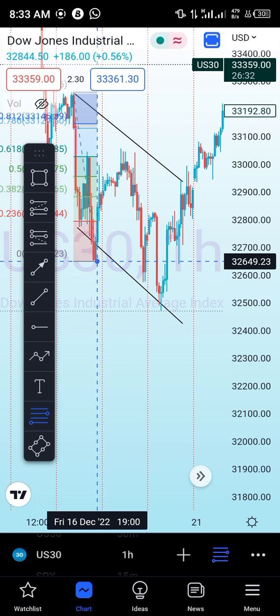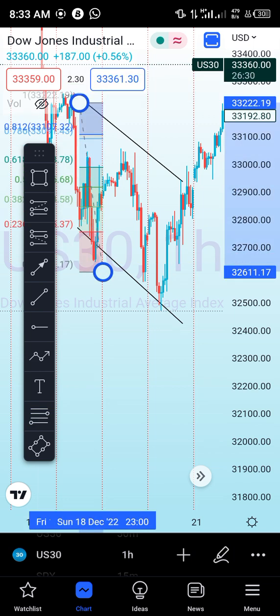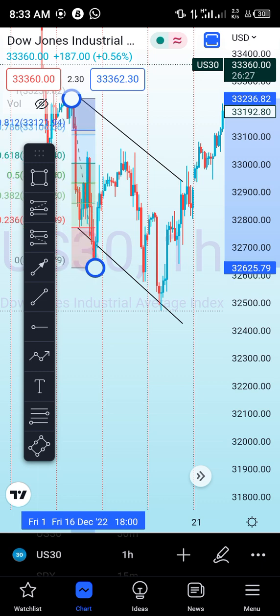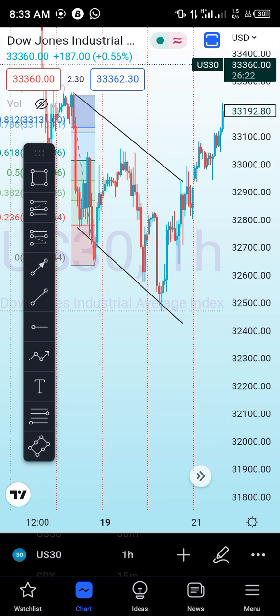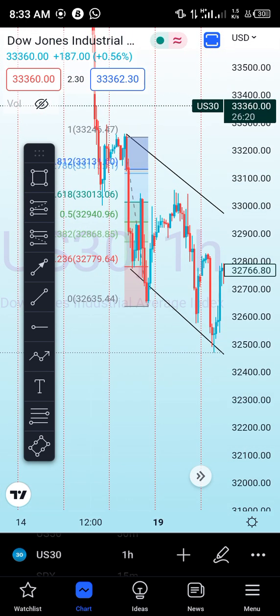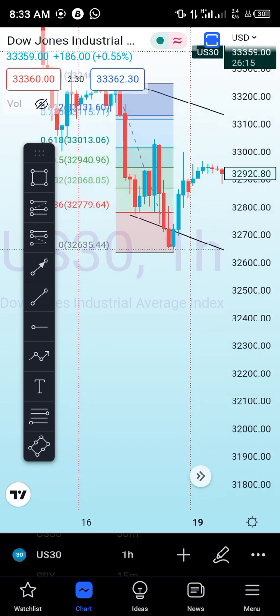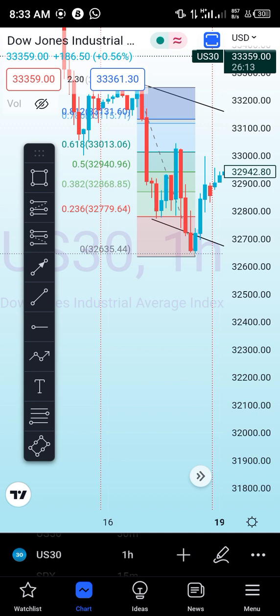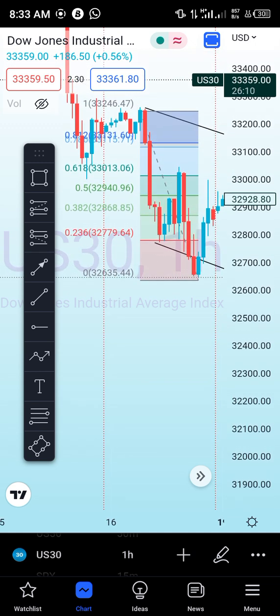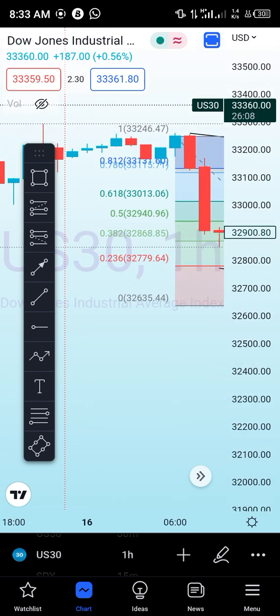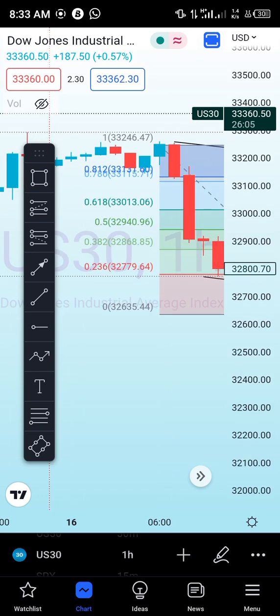So we have it here. Now this is our Fibonacci. Sorry about that, let me put this back. Okay, so we have our Fibonacci here. Now how do we make use of this Fibonacci? The best place to take your entries after you've drawn this Fibonacci is at these points that you have: 0.236, 0.382, 0.5, 0.618, 0.786, 0.812, and then 1.